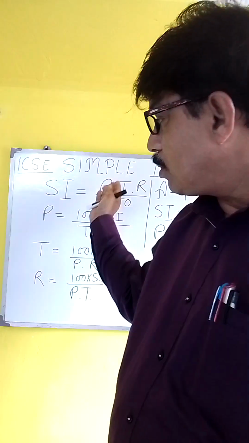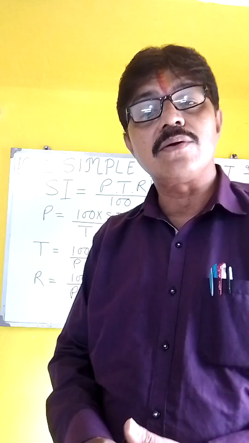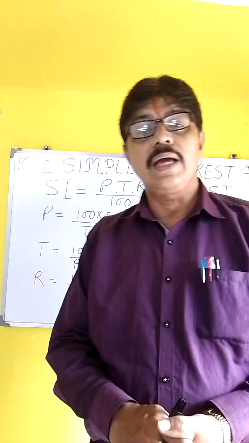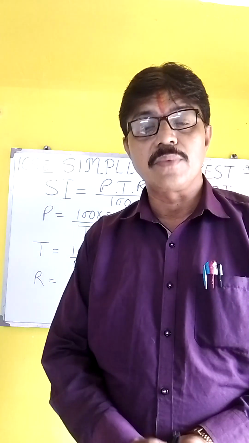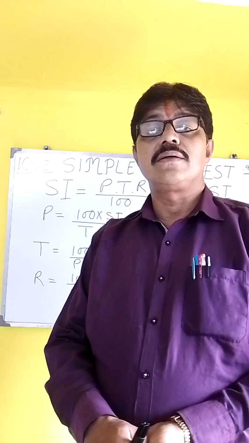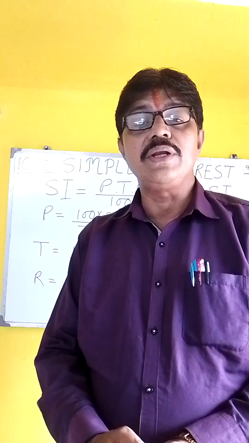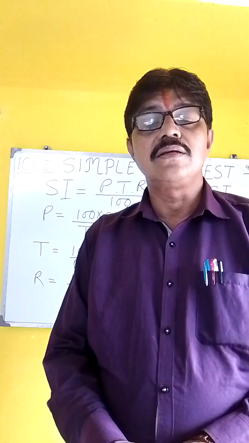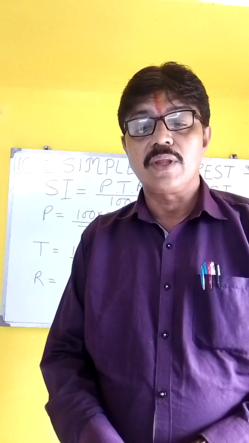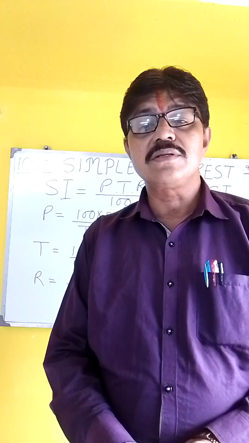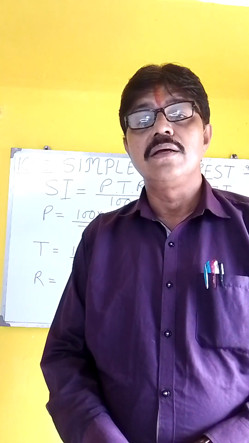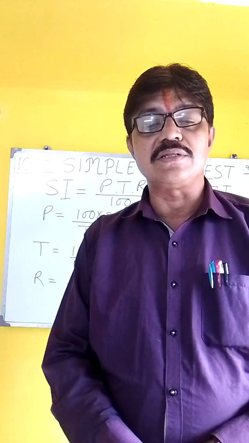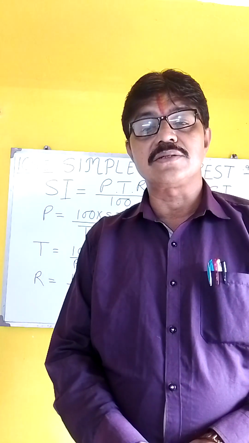Principal is equal to what sum of money we like to deposit or take loan from anyone or any authority. When we take loan or we deposit money in a bank, they give us the interest. If we deposit 100 rupees and after 1 year the excess amount above the 100 rupees we get, that is interest.